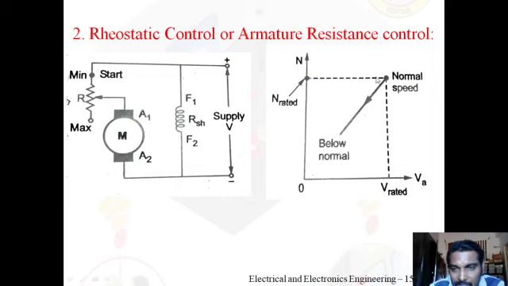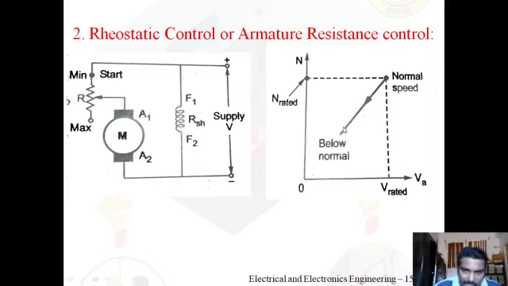As the voltage across the armature decreases, the speed of the motor decreases. Earlier, at rated voltage, the speed was normal. Later, as the voltage decreases, the speed of the motor gradually comes below the rated speed.